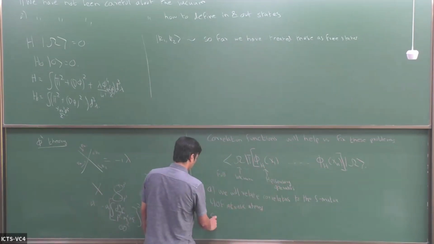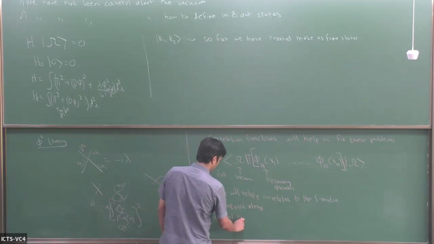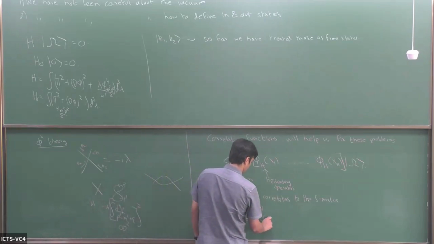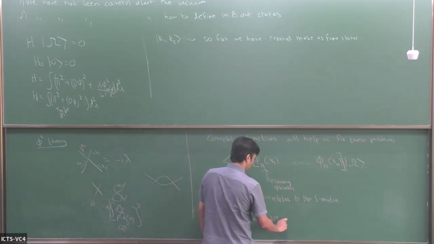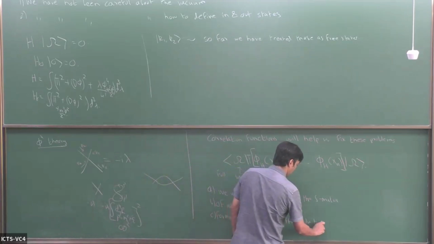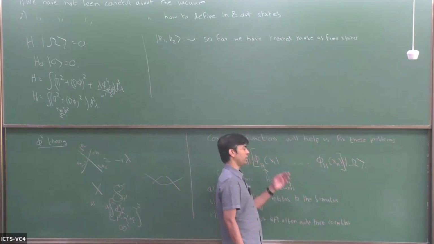And if you look at formal properties of QFT, they often involve these correlators. Let's say someone were to ask, how do you really define a quantum field theory?